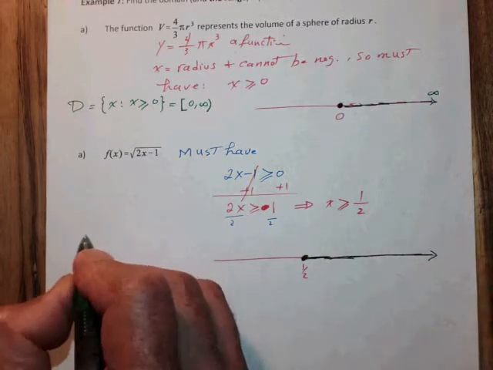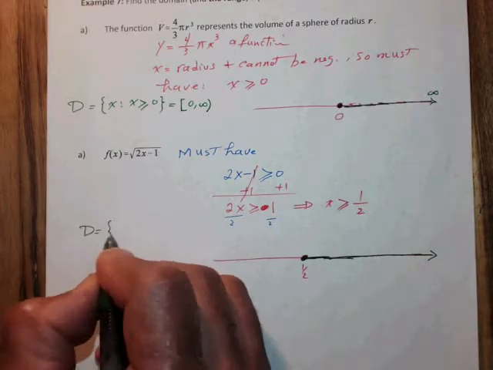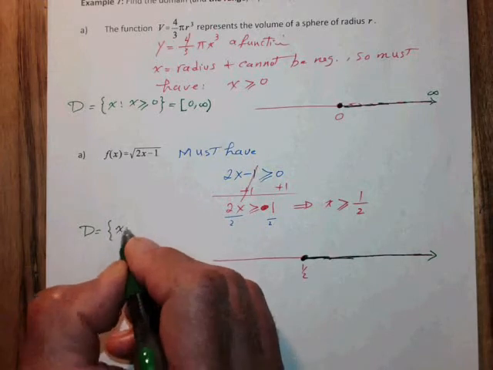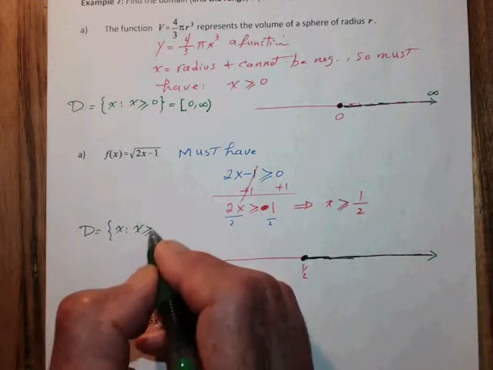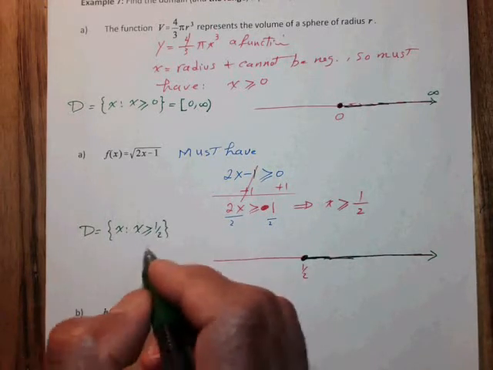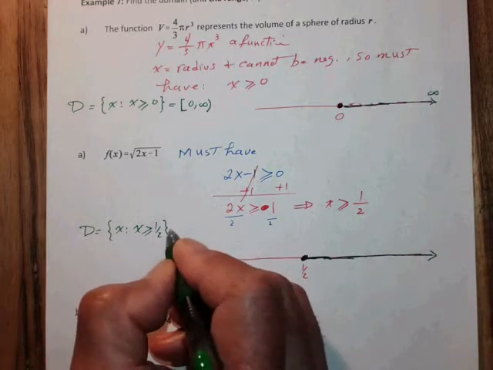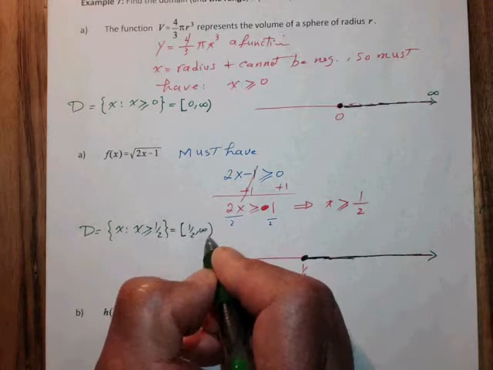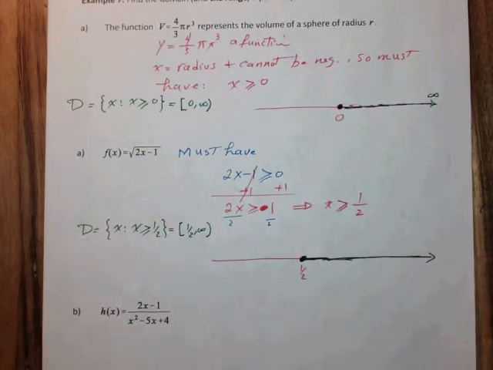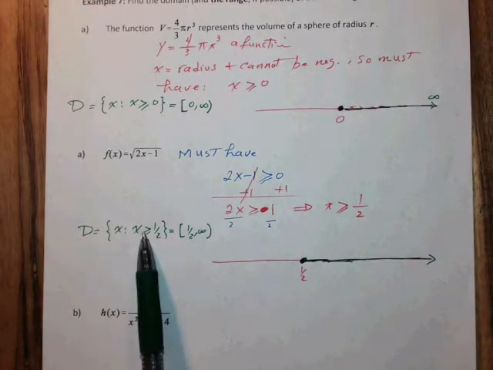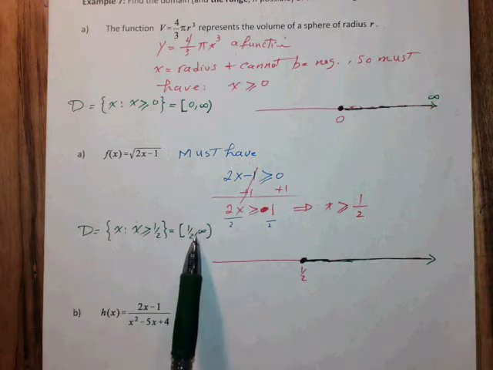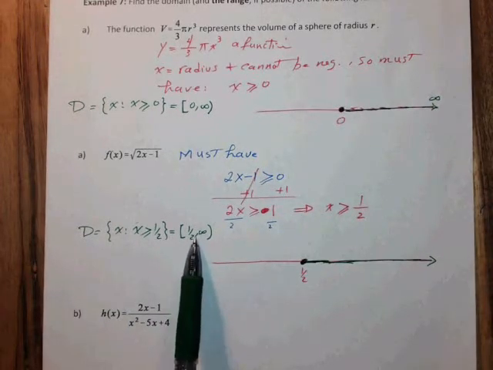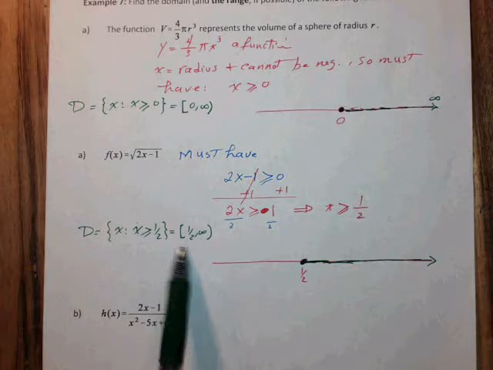And again, if you want to write it, you can write D equal to all x values such that x is bigger than or equal to 1/2, which is set builder notation, or I can use interval notation, 1/2 to infinity. In some of the homework, this notation is being used. In some other ones, the other notation, and on the test, I usually use interval notation.